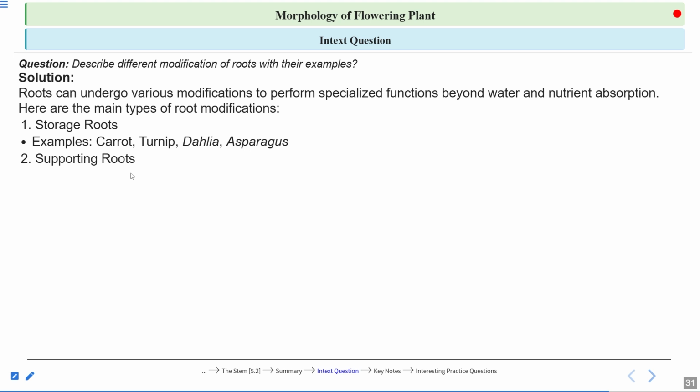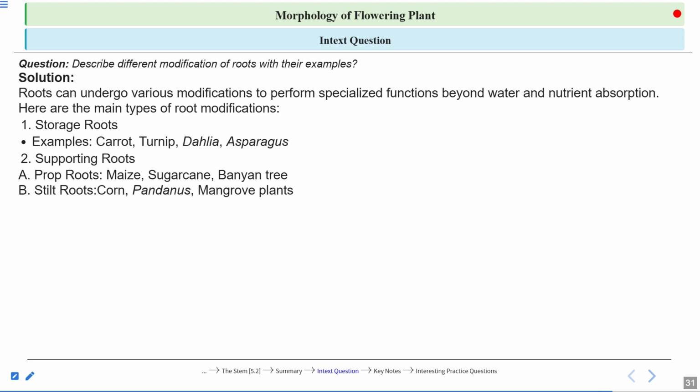Supporting roots. Prop roots we see in the case of maize, sugarcane and banyan. These are some of the plants in which we see the prop root as a supporting root. Stilt roots: corn, pandanus, mangrove plant. Breathing roots, pneumatophores, that you see in the case of mangrove plants.